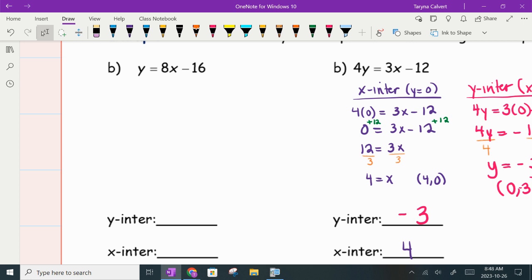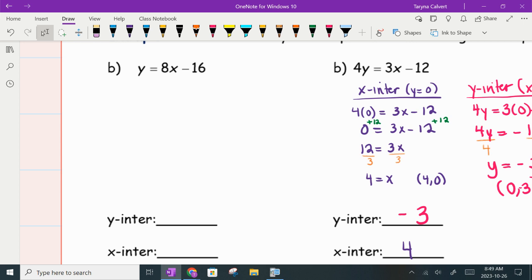Yeah, because if you put 0 in for x, we never talked about it like that. We just were like, oh, if it's in y equals mx plus b, the b is the constant. It is because if you put 0 in for x now, the only thing that's left is the b value, which is why it's the y-intercept.